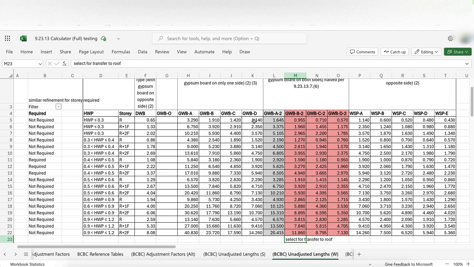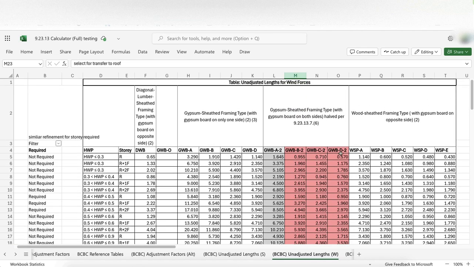I think I noted that these are actually different for wind than they are for seismic based on the numbers. But again, it feels like a bit of a conservative adjustment, so I'm pretty comfortable with it.